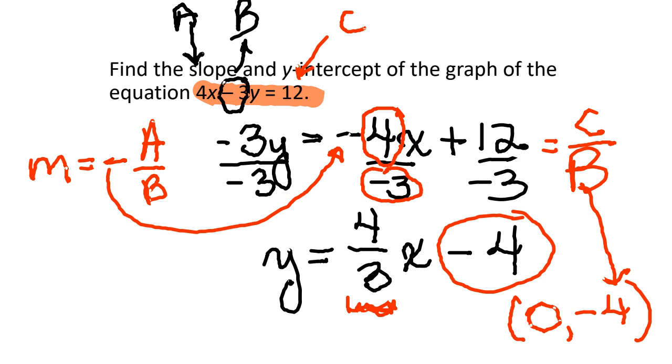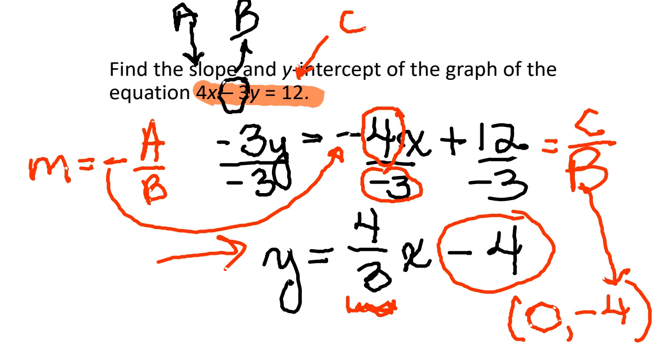Now, we're going to use this equation because we're going to learn how to graph using the slope-intercept form. Now, you want to get to this equation in yellow.